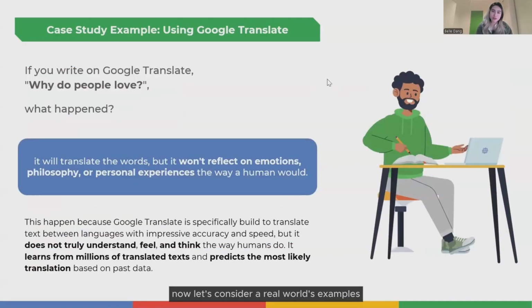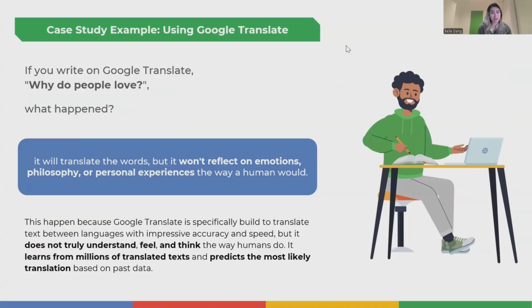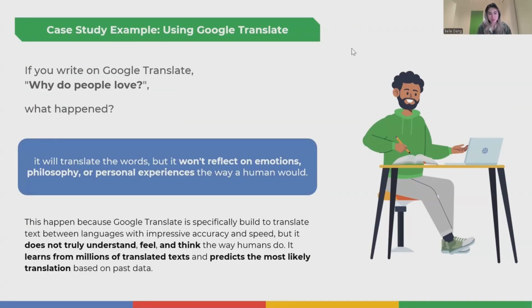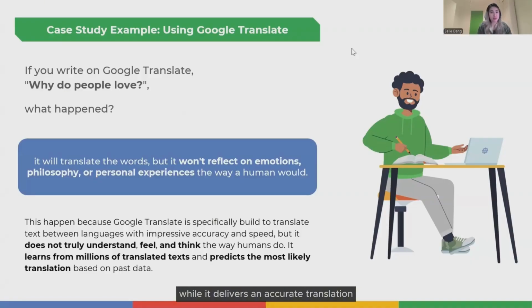Now, let's consider a real-world example, Google Translate. When you type in a phrase like, "why do people love?" what would happen? The system would quickly provide a translation by analyzing millions of previous examples, right? However, while it delivers an accurate translation, it does not capture the emotional nuances or the deeper cultural context behind the words.